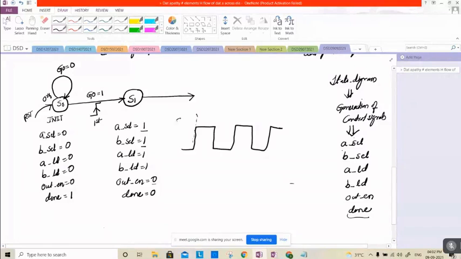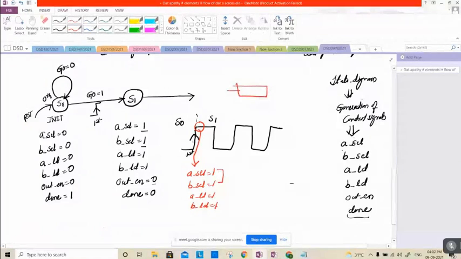Initially, it is not. After the application of this first positive edge, I'll be entering into S1. Now, as soon as I have entered this S1, I'll be saying that the A select value is equal to 1, B select value is equal to 1, A load is equal to 1, B load is also 1. Now A selection is equal to 1 and B selection is equal to 1, these are the multiplexer selection lines.